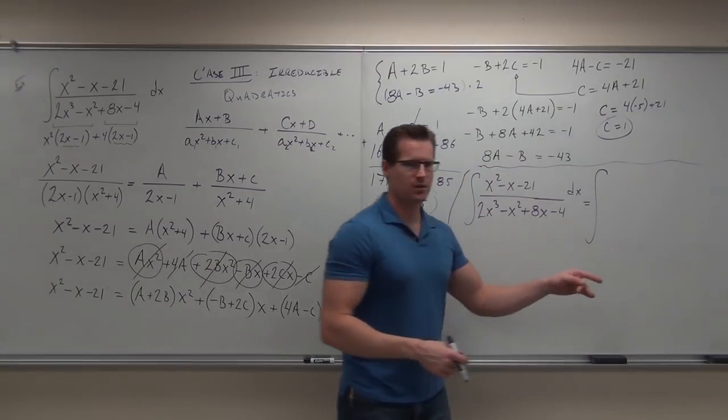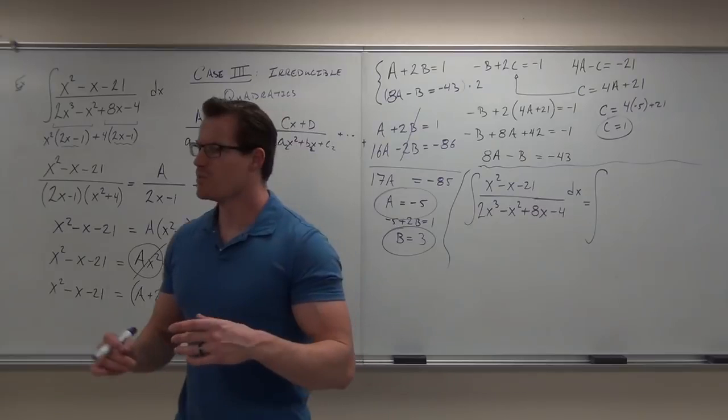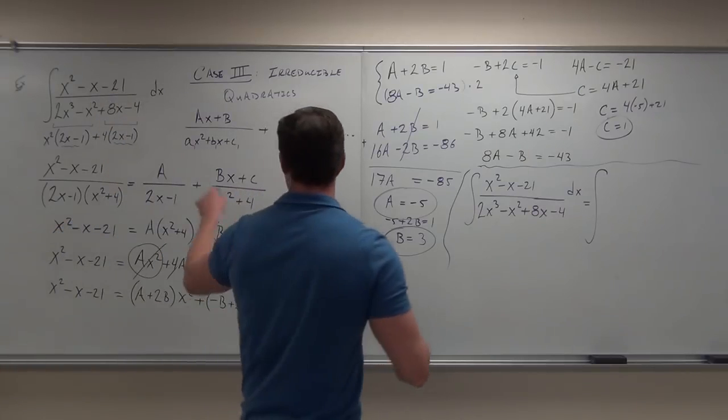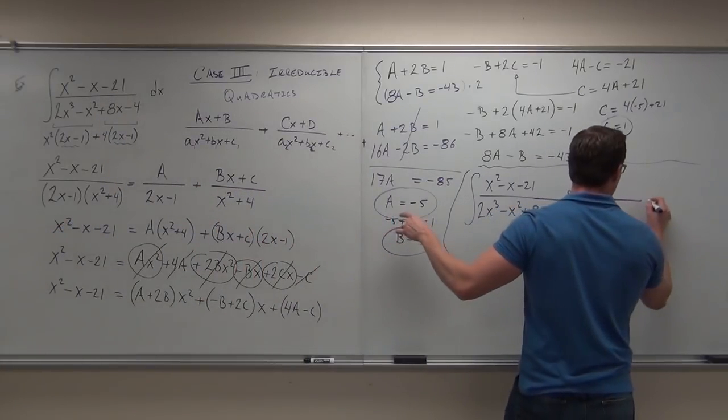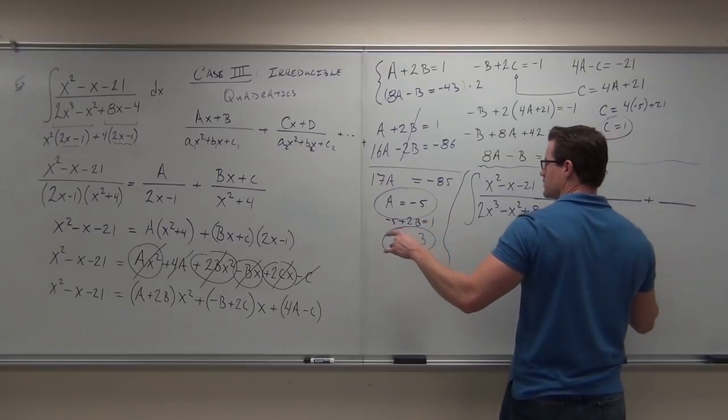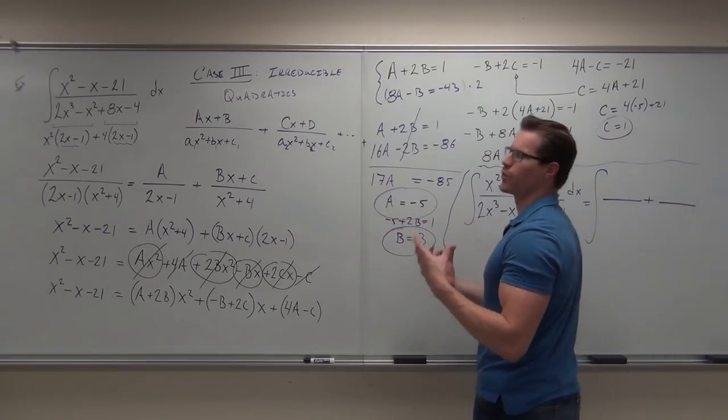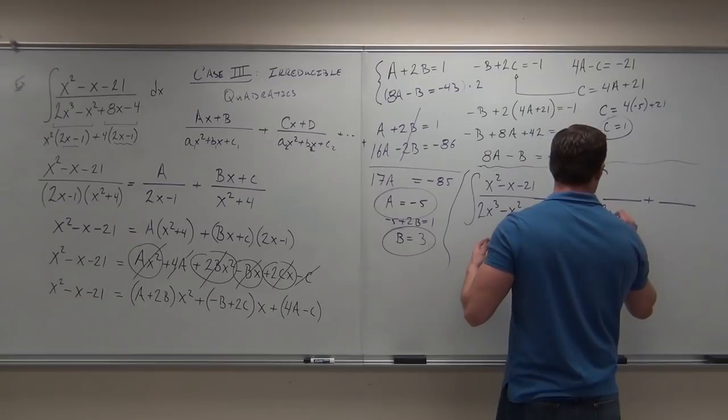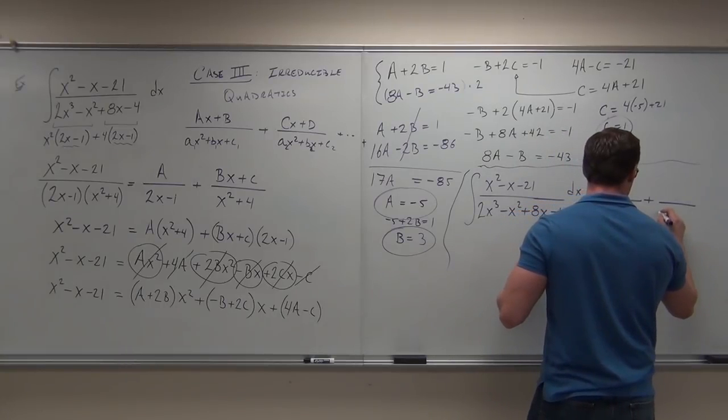Notice we have three coefficients, we have 3 constants, but we don't have 3 fractions. We have 2 fractions. The first fraction is over what, please? The first fraction is over 2x minus 1. The second fraction is over x squared plus 4.